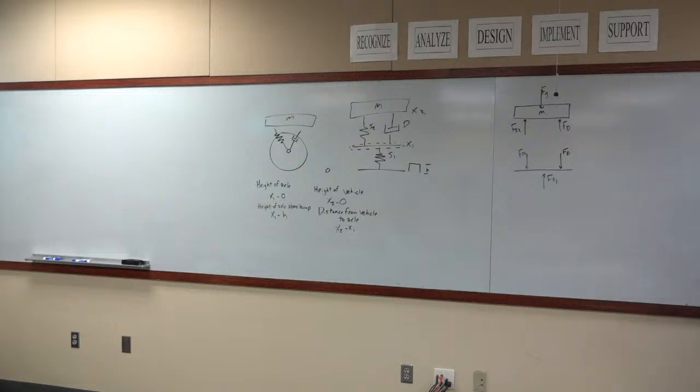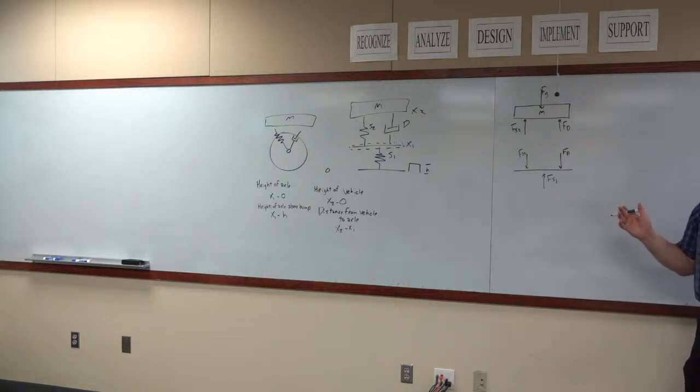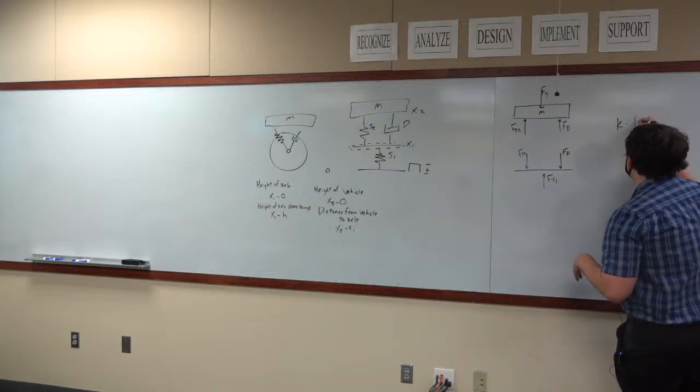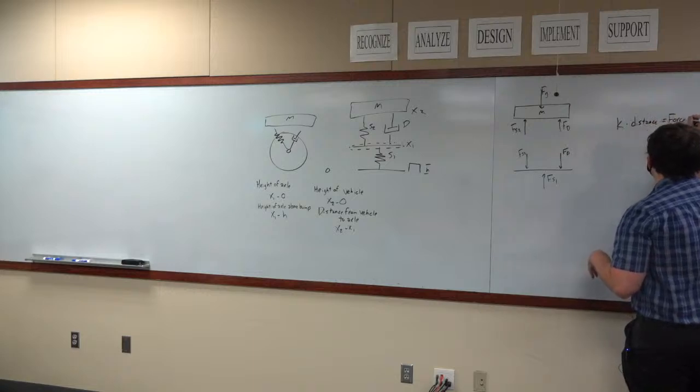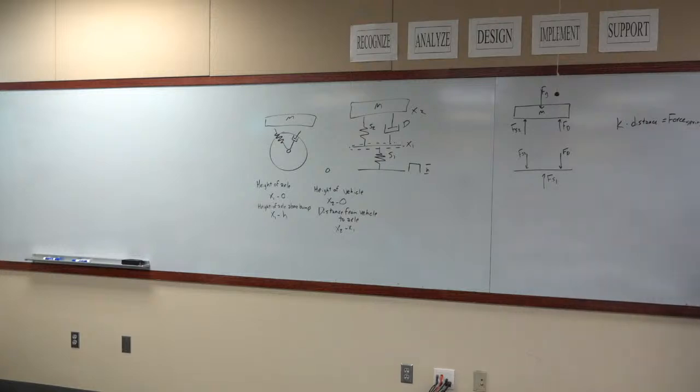I gave you this equation, I think last time. Well, you know what? Let's do the easy ones first. What's the equation for a spring force? That's Kx, right? So I'm going to go ahead and say K times distance equals force through a spring, right? That's just the equation that we know.